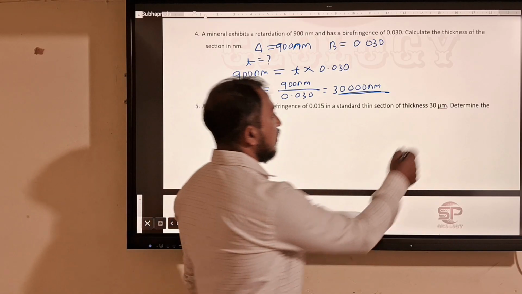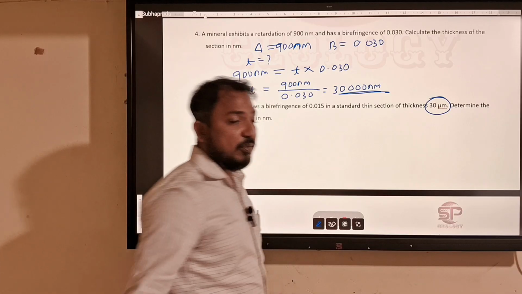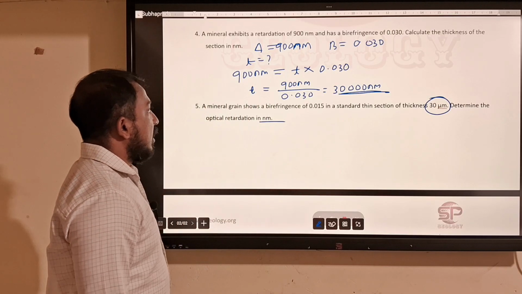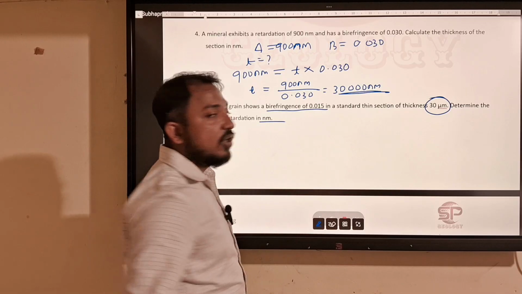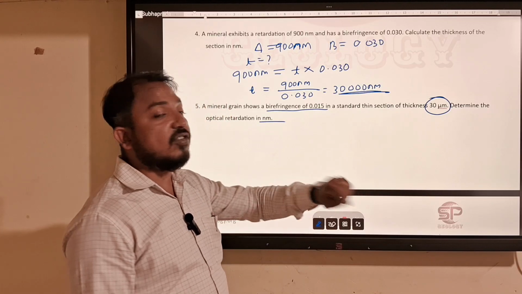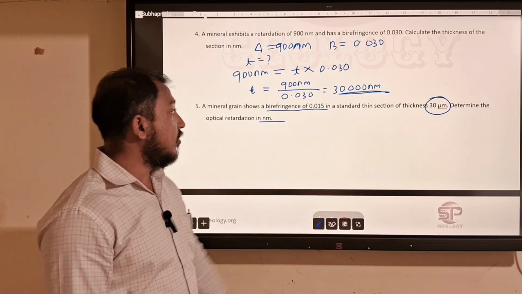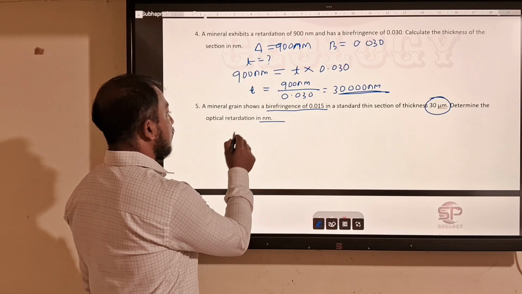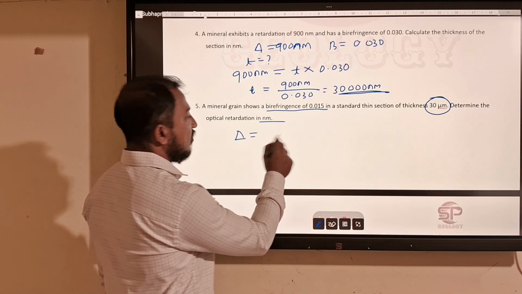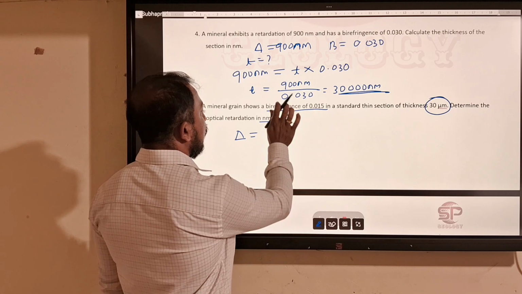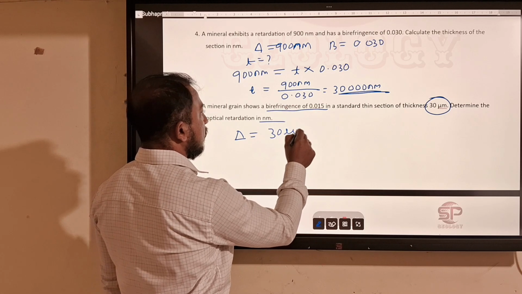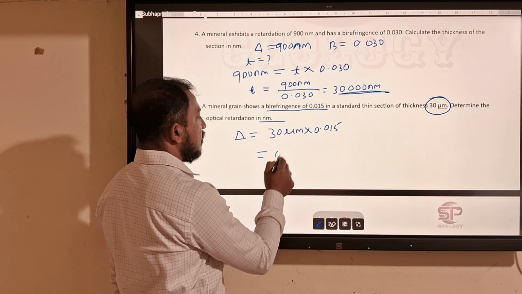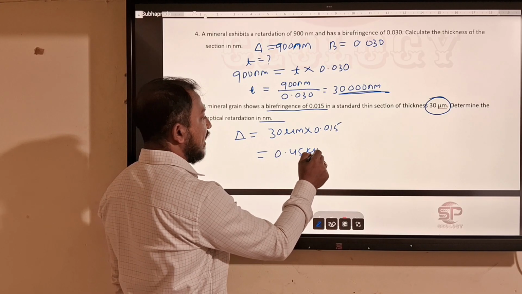In this question, thickness is given in micrometers, but the answer is asked in nanometers. Here birefringence is given as 0.015, and thickness is given as 30 micrometers. You have to calculate the retardation. So retardation will be thickness into birefringence. Thickness is 30 micrometers into 0.015 birefringence, which is 0.45 micrometer.